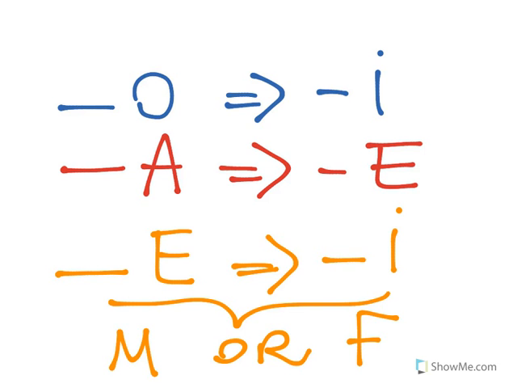So to summarize, most of the nouns that in Italian end with O in their singular form will make the plural into I. Ragazzo, ragazzi, bambino, bambini.